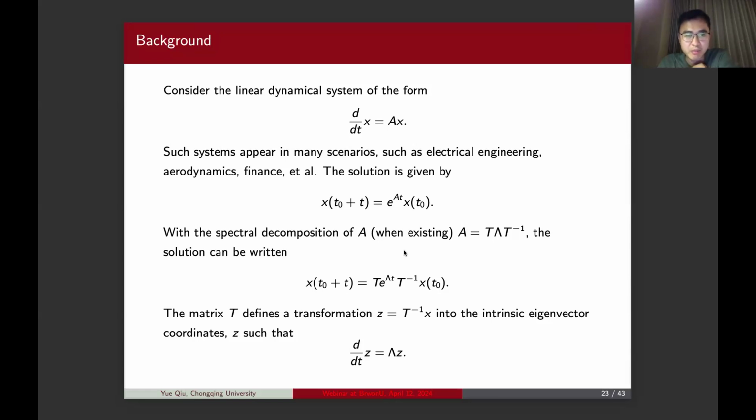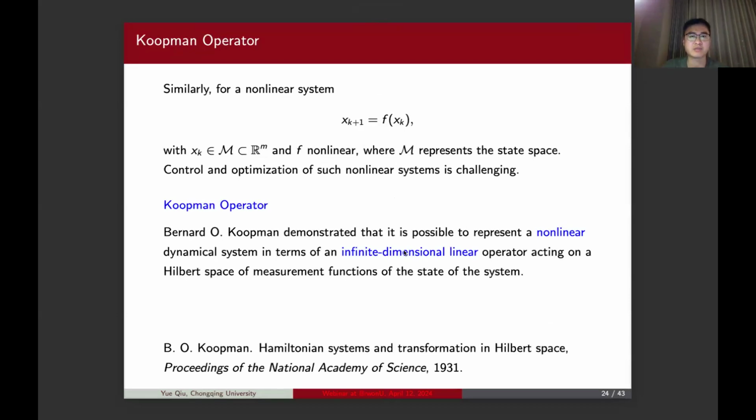The simplification relies on the eigenvalue decomposition, which plays the role of a coordinate transformation. Similarly for nonlinear systems, we can do something similar with the help of the Koopman operator, which is a very general concept.